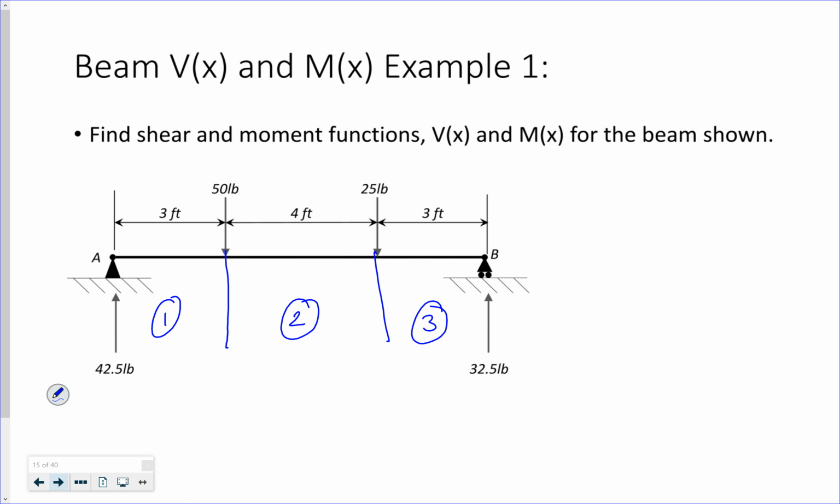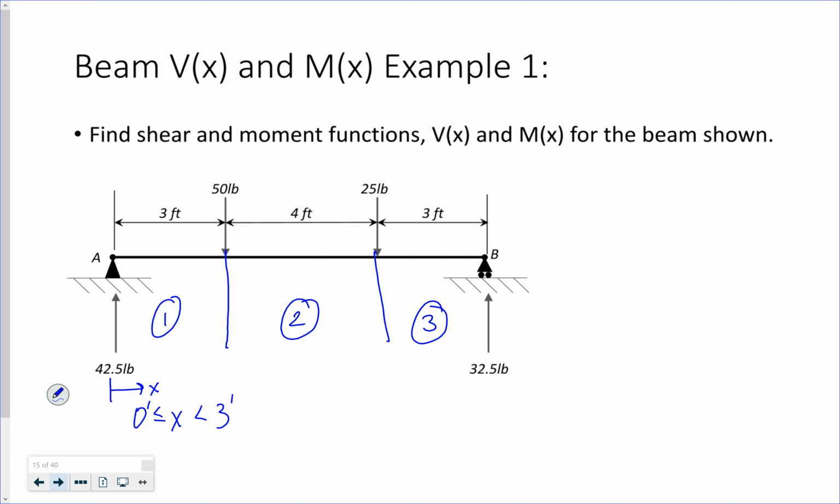My section 1, if x starts from the left, goes from x equals 0 feet to just before 3 feet, so not quite equal to 3 feet, but just before I apply that 50-pound load at 3 feet.